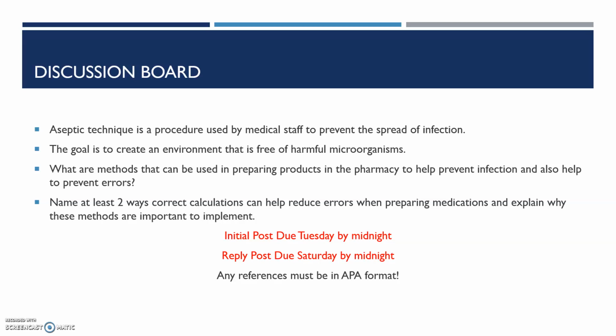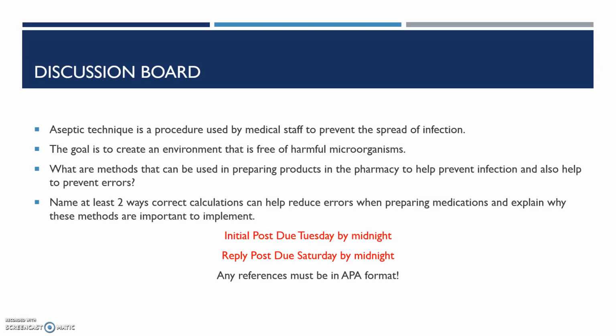So, aseptic technique is basically just to make sure that we're not giving any type of infection to patients when we're making medication. It can also be used by other medical staff, so doctors, nurses, people that are going into patient rooms in hospitals, basically preventing the spread of infection.